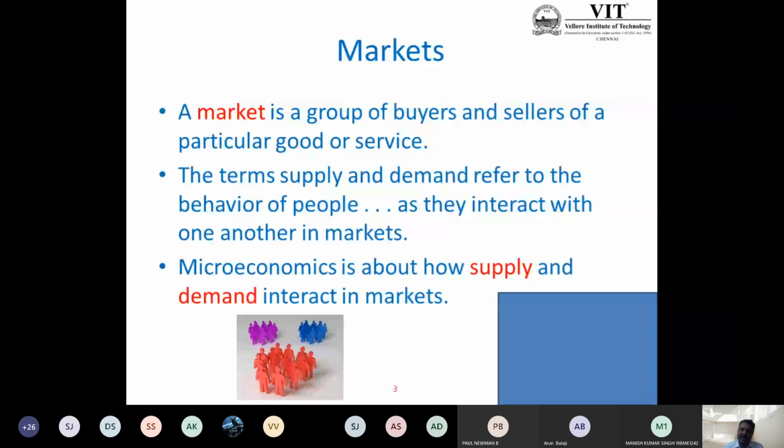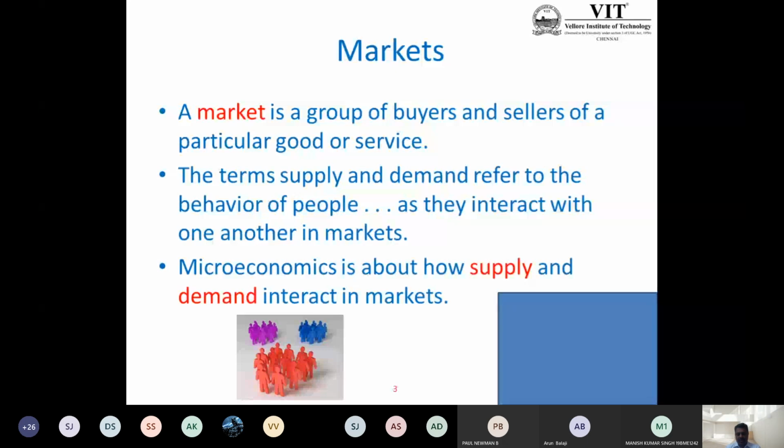A hotel is a market. There are people to serve food, we are going to take food. There are buyers, there are sellers. Wherever there are buyers and sellers, those places are called markets. It does not mean only a particular place where vegetable, grocery, or this kind of shops are situated. It's not that. It's a group of buyers and sellers who make the market.